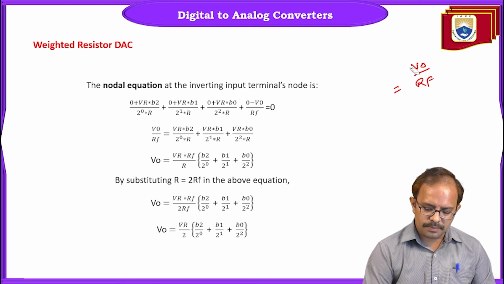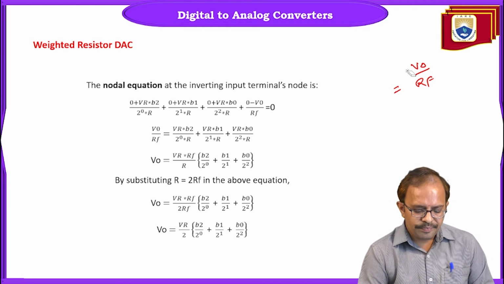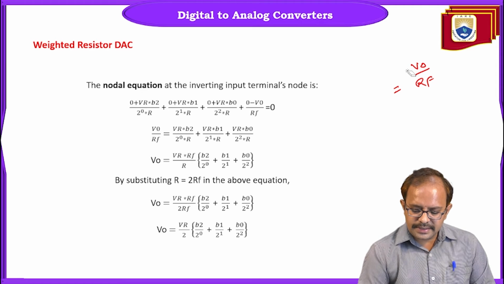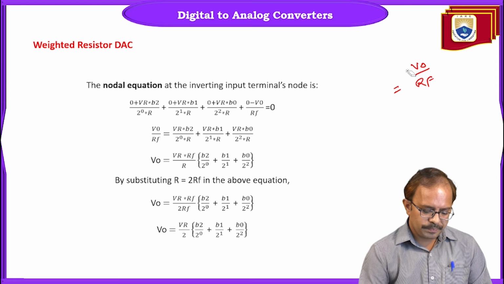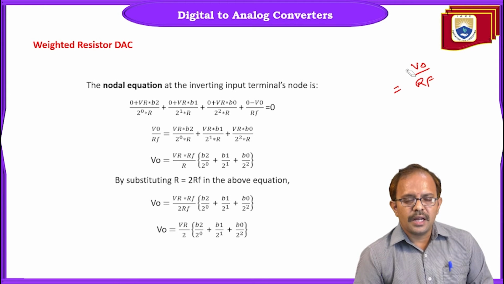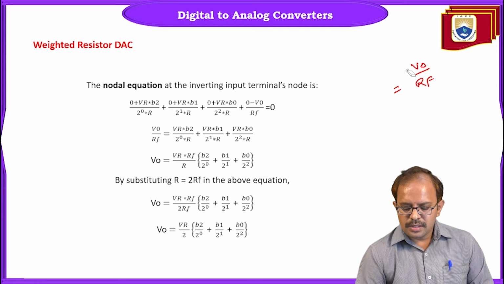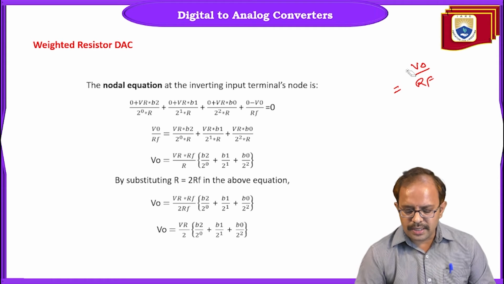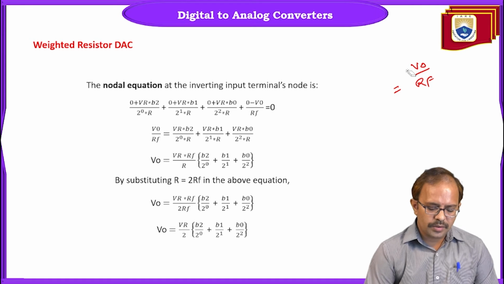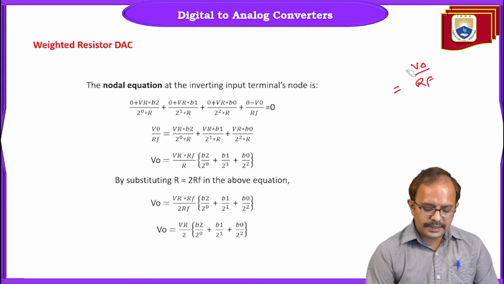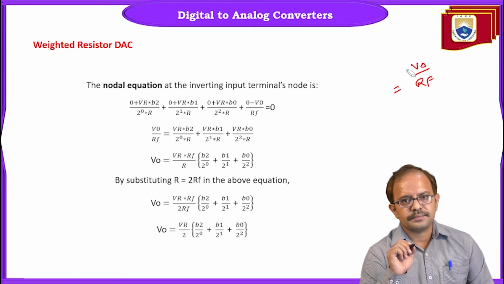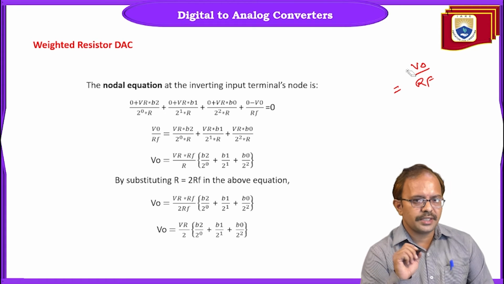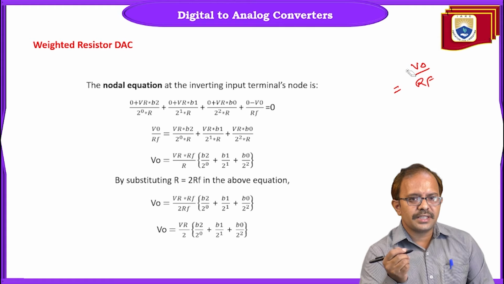So it should be the plus. Okay, let it be V0 by RF. Let us say the bits are going to be B0, B1 and B2, where B0 is LSB and B2 is MSB. If we perform the nodal analysis, if the switch is connected to the ground, what is the nature of the signal?